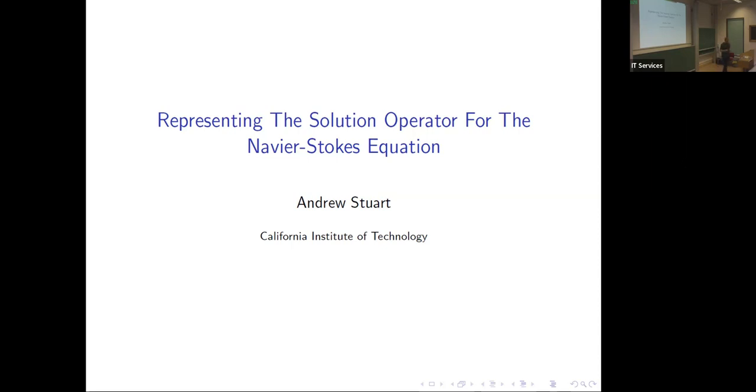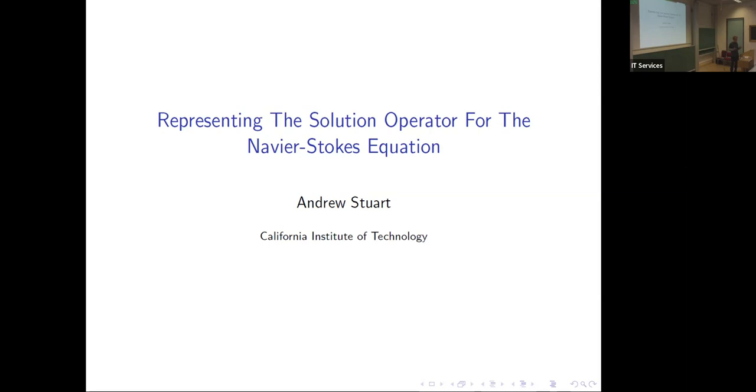I'm going to talk about new computational methods for representing various solution operators defined by the Navier-Stokes equation. There are two reasons why I think this methodology may be useful in continuum mechanics in general. One is for learning constitutive models and closures from data.